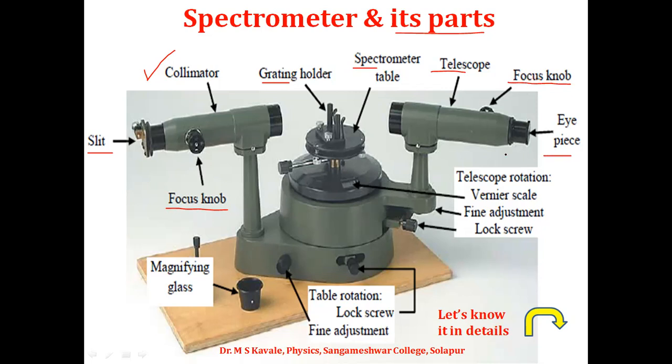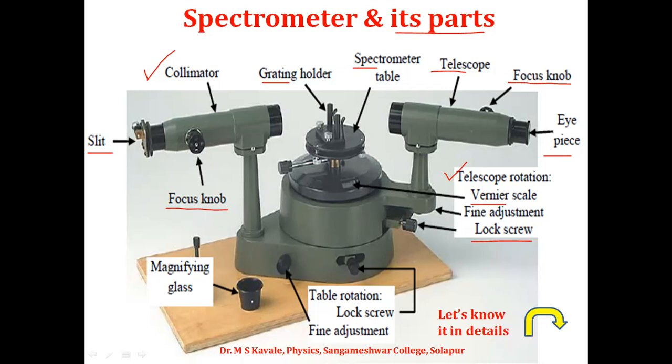Below this telescope we have the vernier scale. If you rotate the telescope, we can observe the vernier scale in this window as shown by the black arrow. Then below that we have a fine adjustment screw, which is not observable in this photograph, and below that we have a lock screw.